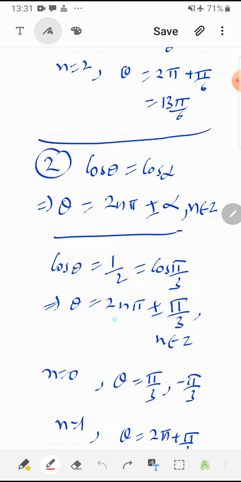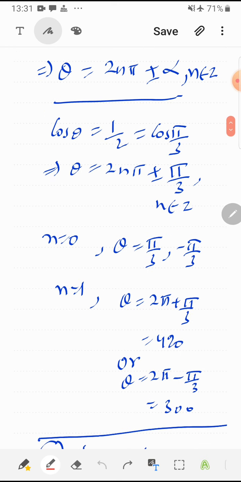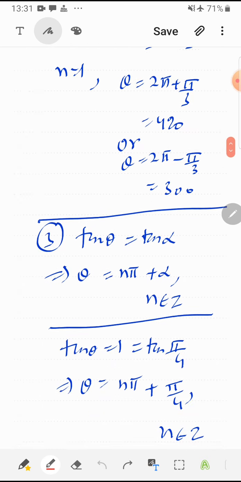So theta is equal to 2n pi plus minus pi by 3. When n is equal to 0, theta is just pi by 3 or minus pi by 3. Both will give you cos theta as half. When n is equal to 1, theta is 2 pi plus pi by 3, that means 420 degrees, and theta is 2 pi minus pi by 3, that is 300 degrees. Again both will give you half, and so on.